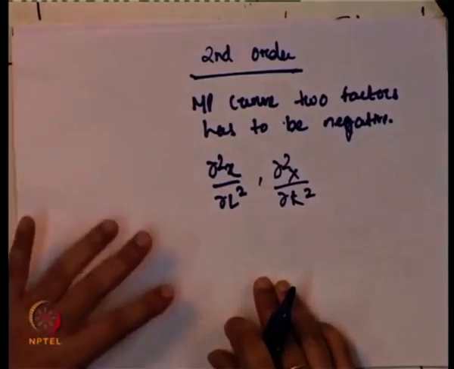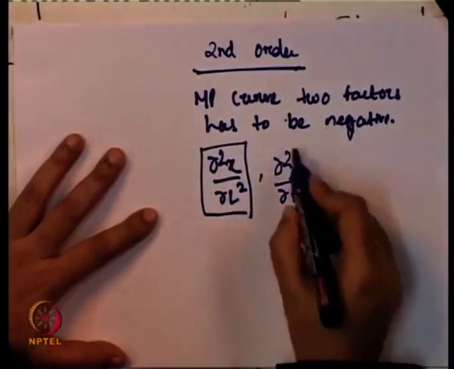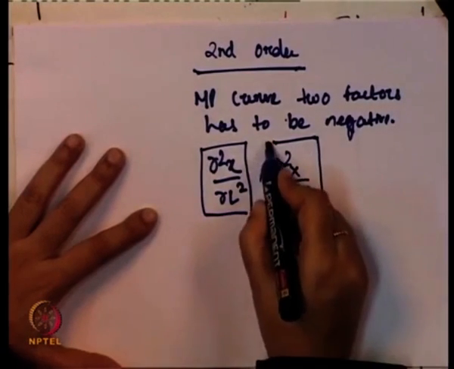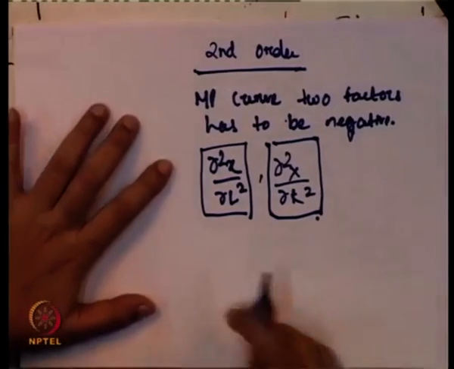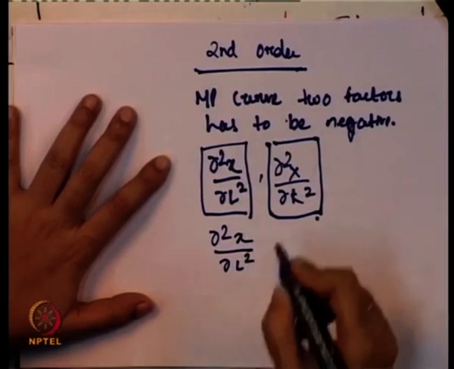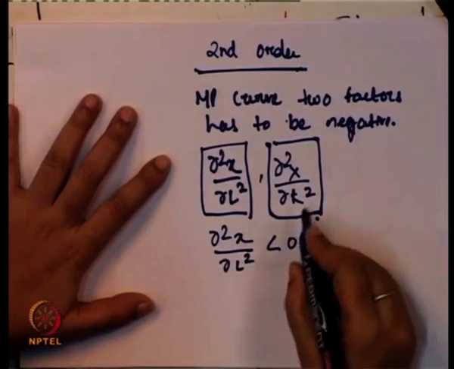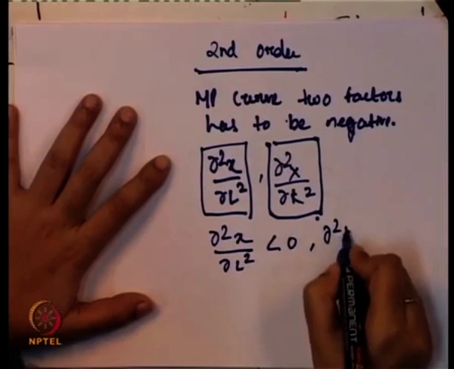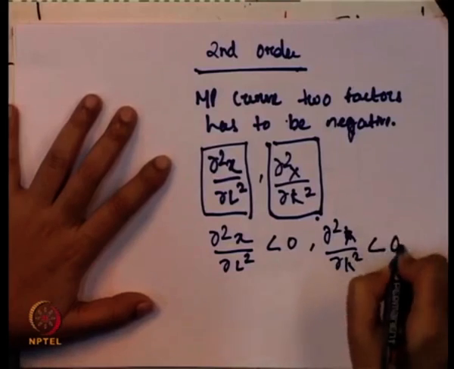In order to find out the slope, we need to take the second order derivative with respect to labor and second order derivative with respect to capital. So, del square x by del L square has to be less than 0, and del square x by del k square has to be less than 0.